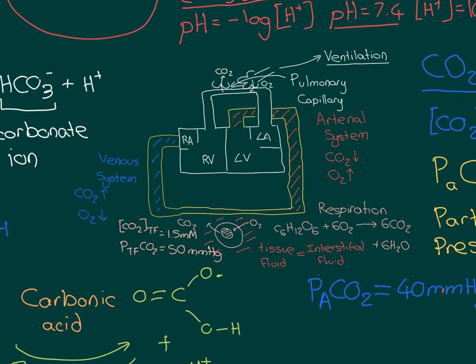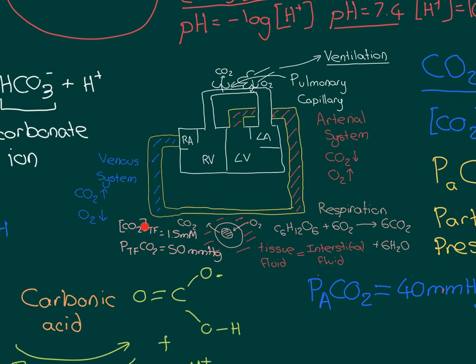Okay, right. So because the concentration of carbon dioxide here is higher, carbon dioxide is going to move by diffusion into the arterial blood that is moving through this peripheral capillary here. And that means that the concentration of carbon dioxide in the venous blood is going to rise up to be the same as this.